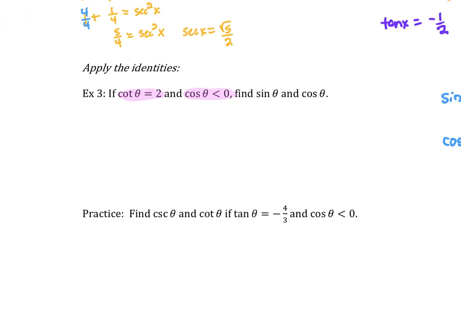Cotangent is positive and cosine is negative. So if cotangent is positive, then we're here or here. If cosine's negative, then it has to be down here. So we're in quadrant 3, so that means sine also has to be negative.